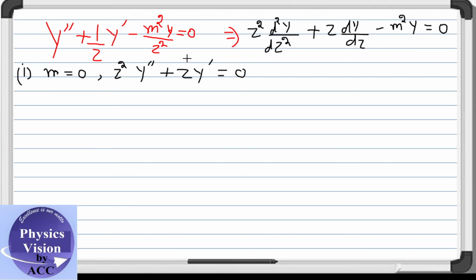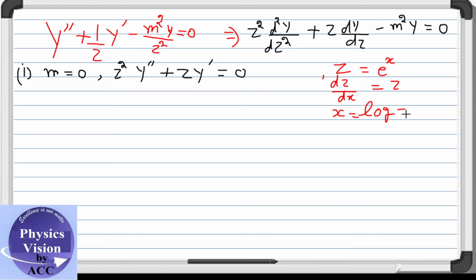Now we can easily solve this equation by doing a substitution of z is equal to e raised to the power x, taking dz by dx as z again, or x is equal to log z.